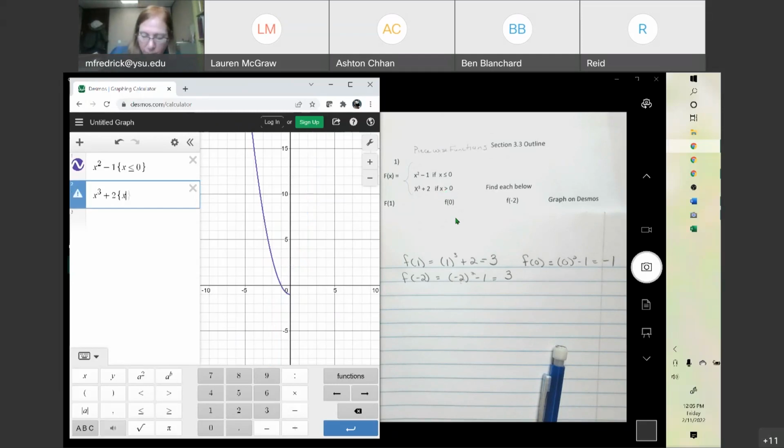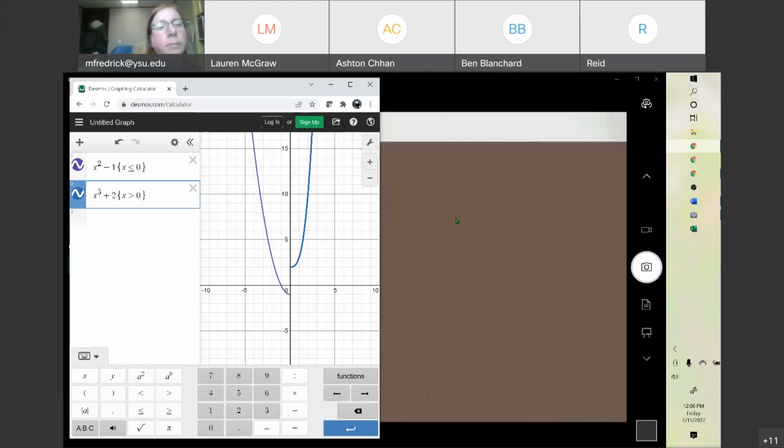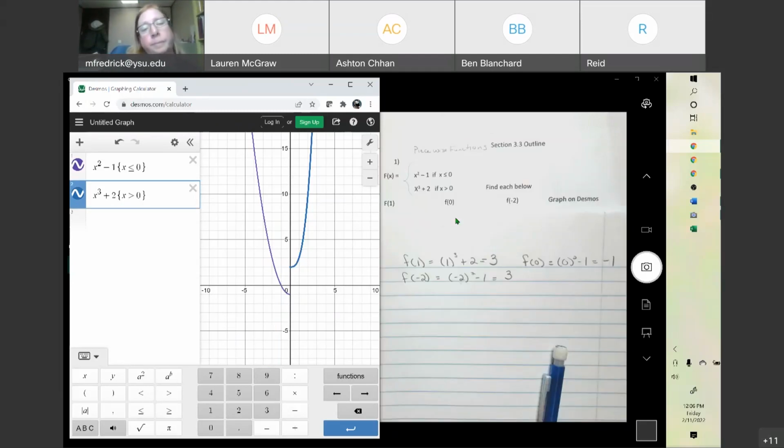X greater than 0. So that would be this piecewise function. Any questions on the graph? Are you getting it to work for you? The script parenthesis is next to the P on your calculator.